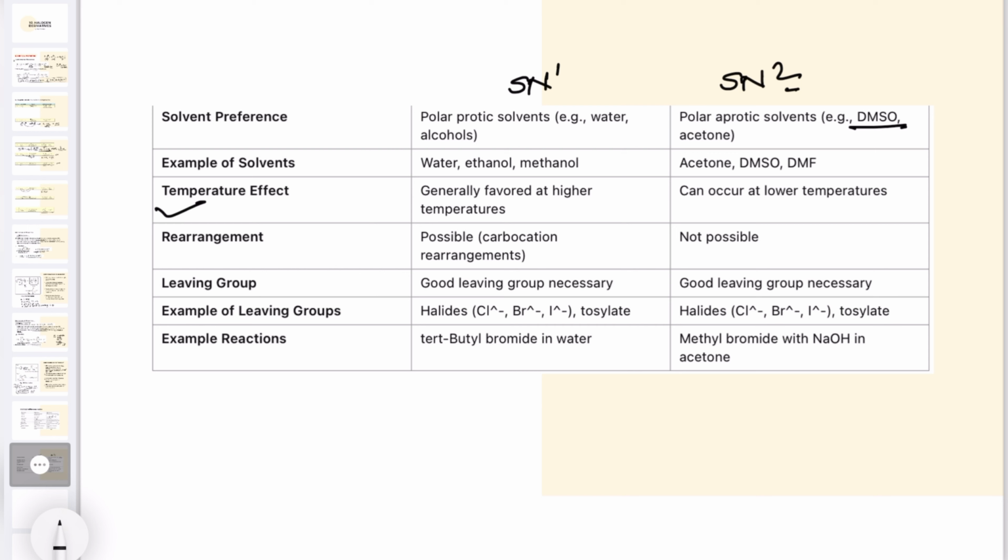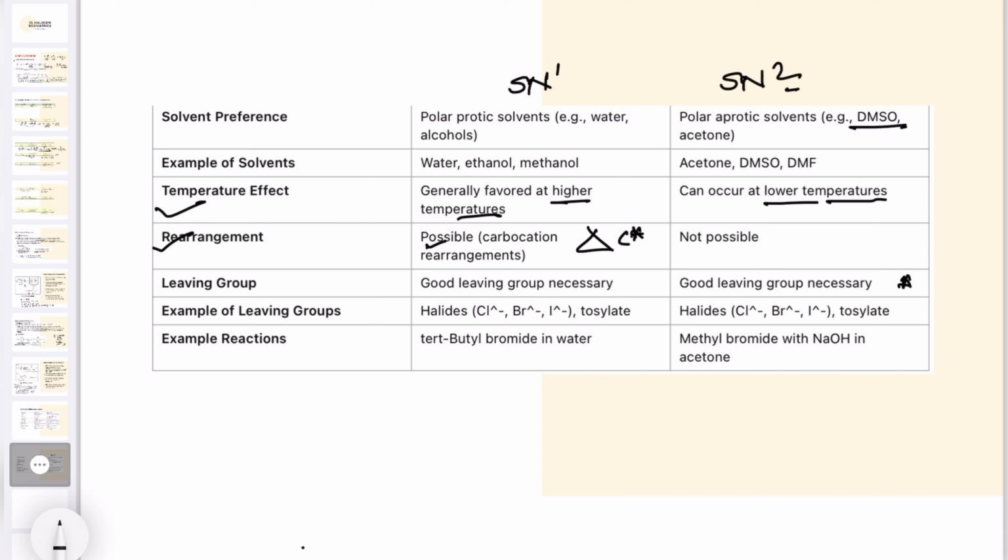Then temperature effect, generally favored at high temperature in SN1 and generally can occur at lower temperature in SN2 reaction. Then rearrangement. Is that possible? Here in SN1 rearrangement is possible because a triangular planar carbocation is present, and in SN2 rearrangements are not possible. Then leaving group nature, in SN1 a good leaving group is necessary, in SN2 a good leaving group is also necessary.